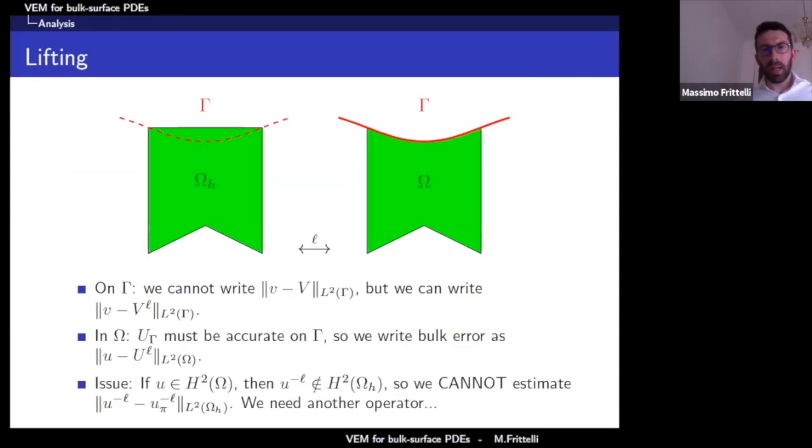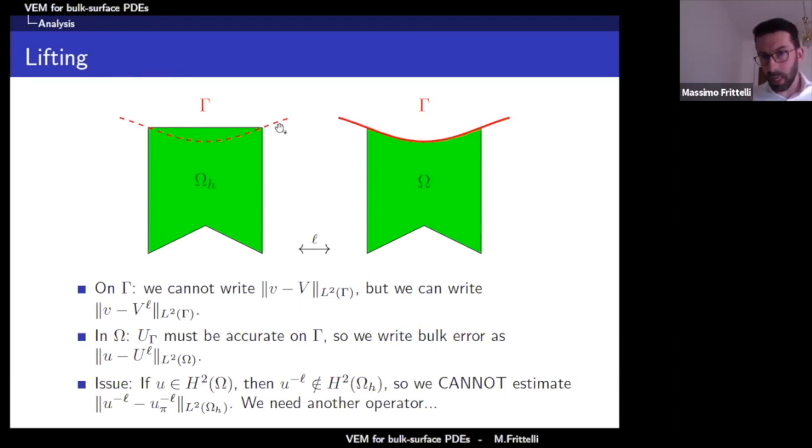So first, how do we estimate errors? Look at this. The surface gamma is the domain of a PDE, right? Of a surface PDE. But when we approximate gamma, we have a set of straight lines. So if you look at the picture on the left, we have this horizontal black line that approximates a portion of gamma.